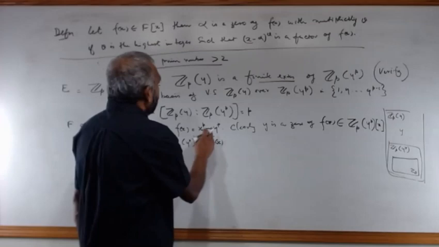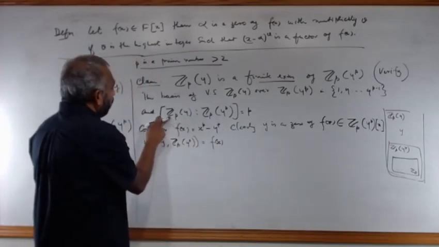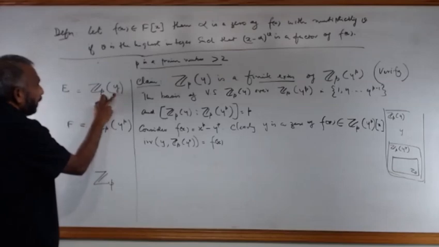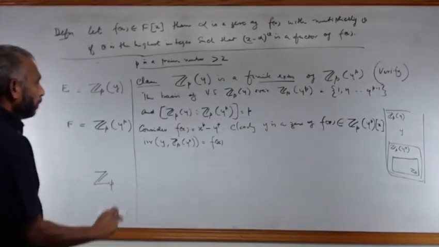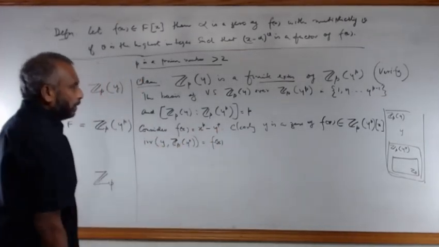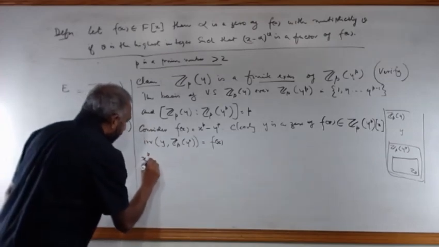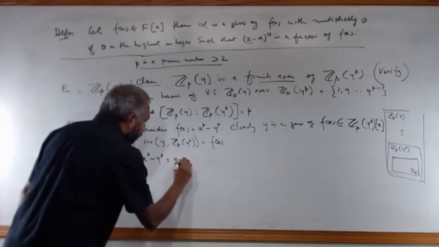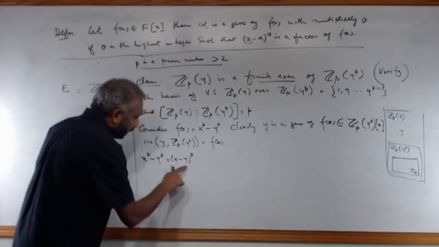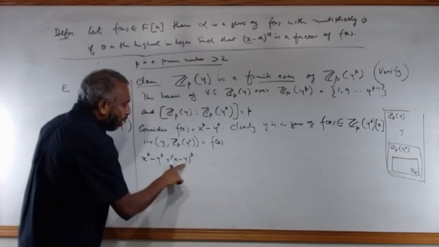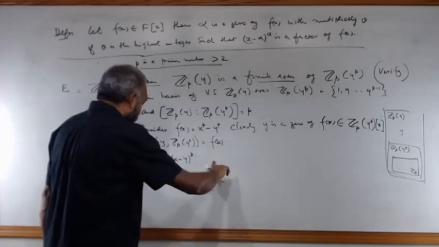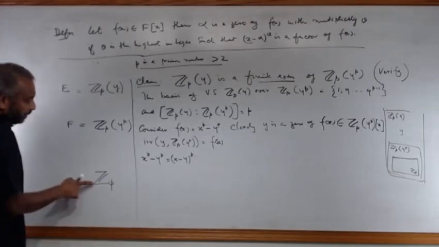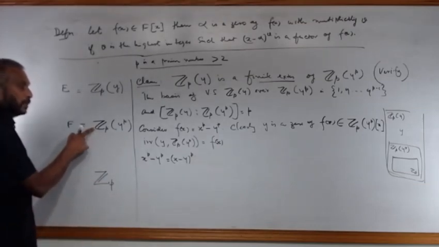And also the degree of Z_p(y) over Z_p(y^p) is p. So f of x is an irreducible polynomial. But x to the power of p minus y to the power of p is equal to (x minus y) to the power of p. If you expand this one, you will have the binomial expansion. All the terms except these two will have a p there, and that will automatically become 0 because this is of characteristic p.